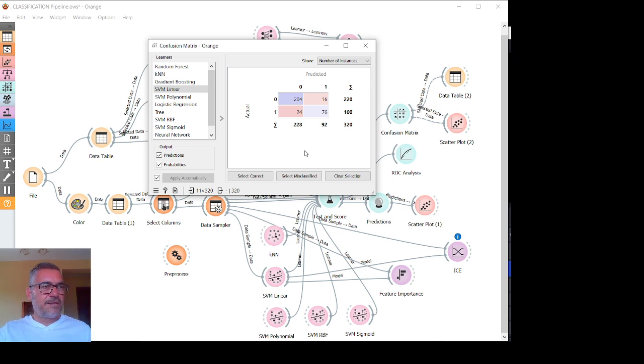Why would I want to do that? Let's say we have these misclassifications here, and we want to see exactly which observations are the ones that we misclassified. So I click here on select misclassified, and Orange is going to send from the confusion matrix only the misclassified observations to the data table and the scatter plot.